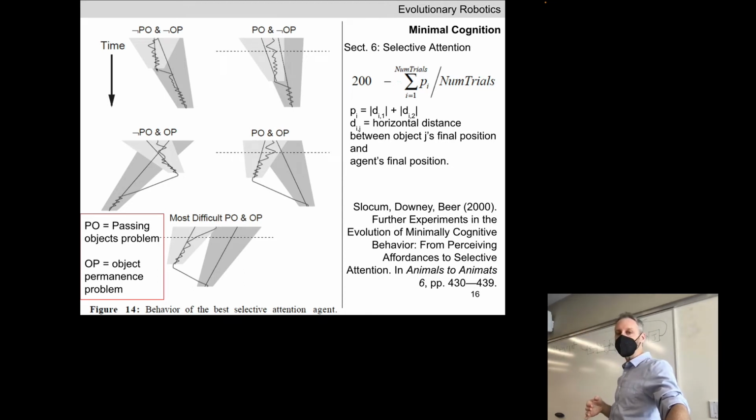At this point in time, when the object is just about to hit down here, where the lighter trapezoid is narrower, there is a narrower range of horizontal positions in which the robot can still see that object. If the robot was sitting over here, for example, its cone would be reaching up here, and the object would be underneath the right-hand side of the robot's sensory cone at that point in time.